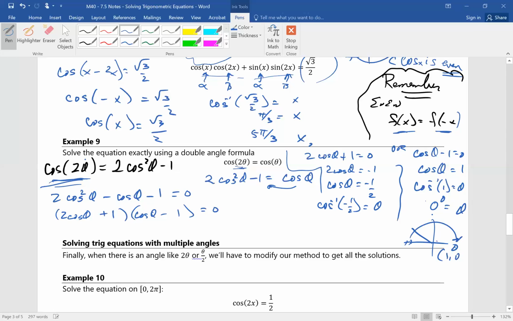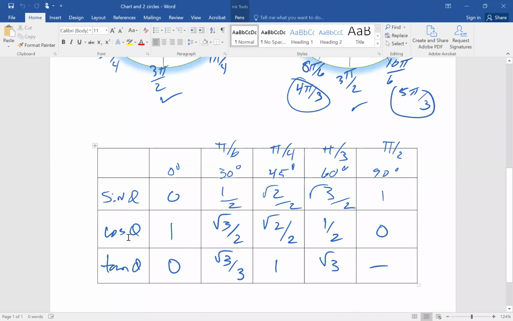That negative 1/2, let's use a reference angle on your chart. Just to make sure, let's look. The cosine of what? Pi over 3 gives me 1/2.